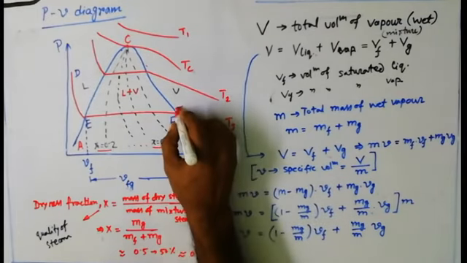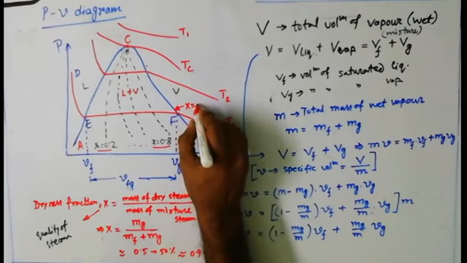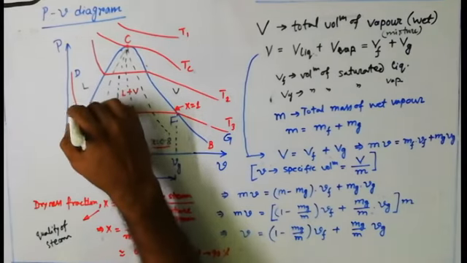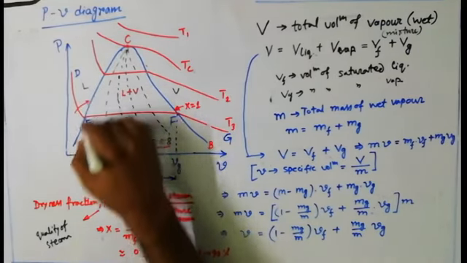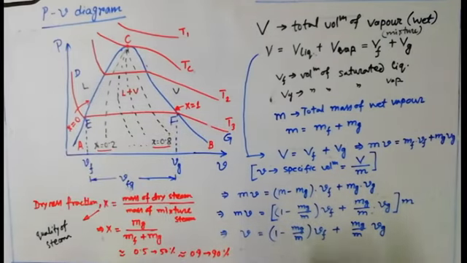So if we reach that particular line BC and find the dryness fraction over there, it will be 1 because the whole steam is dry. Similarly, if you find the dryness fraction on this line, the AC line, then the dryness fraction will be completely 0. Why is it 0? Because the whole steam is liquid. There is no vapor.